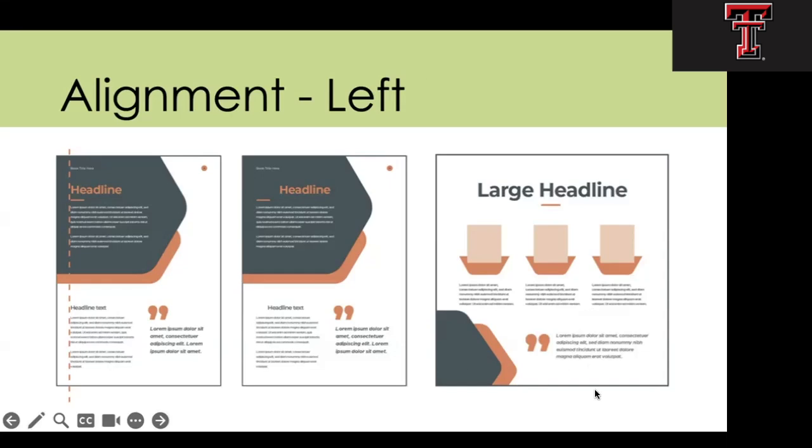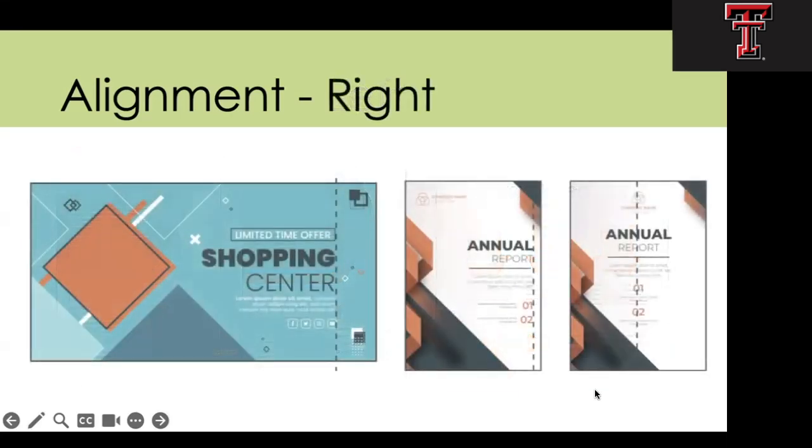Okay. The next one is a right alignment, and that's where everything lines up on the right-hand side. I think that in certain cases that right alignment is more dynamic than left because left is expected. Right is kind of one of those things that's like, oh, refreshing and it's different. So you can see how all of the text is lined up on the right, but all these other images are lined up, but they're kind of in a crazy way.